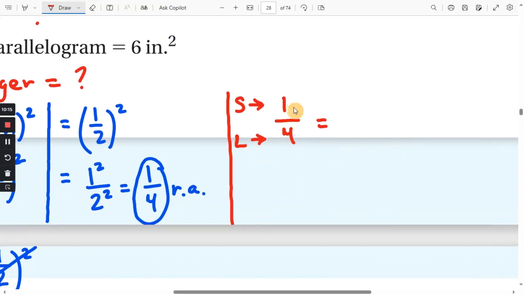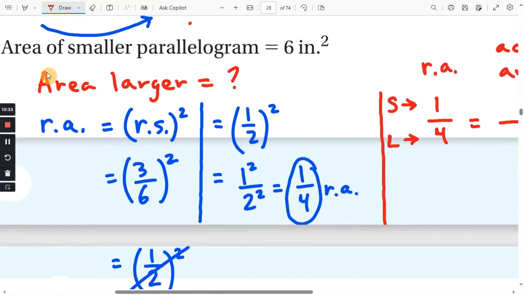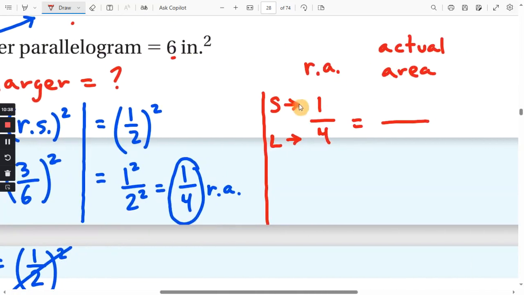Okay, so this fraction is the ratio of the areas, and the next fraction is going to be the actual area. All right, so they gave us the area of the smaller is 6. The actual area of the smaller is 6, and the area of the larger we don't know.